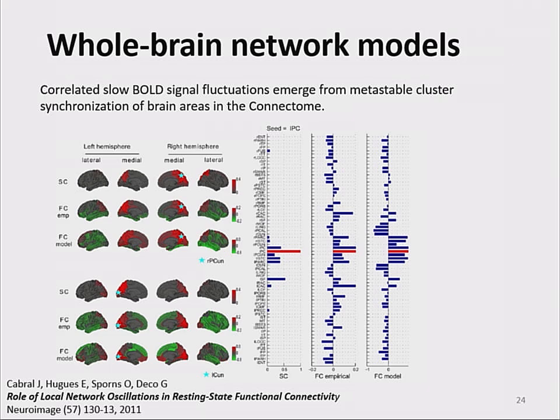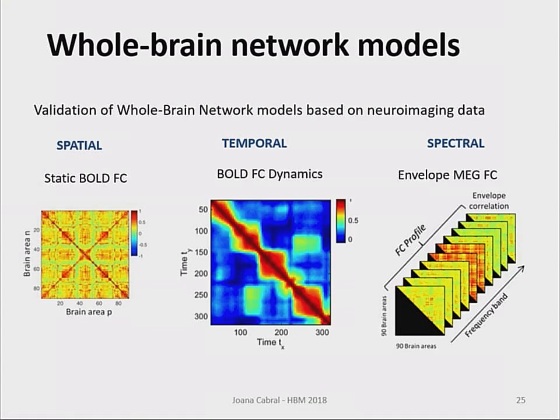So in red, it's the posterior cingulate, and we see how much it connects structurally with the other brain areas. And then the second column is how the BOLD is correlated in real data, averaged across 10 subjects. And then the third column is how we model these correlations between brain areas. So we can indeed see that this metastable synchrony could be explaining some of the phenomena we are observing.